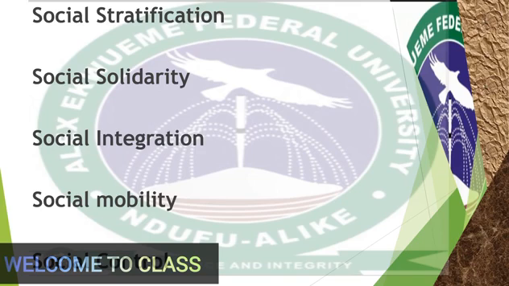When you get to the rural areas, you would see that there is a greater level of social solidarity. People tend to work closely together the more, people tend to agree the more. When you get to the urban areas, there is a limited level of social solidarity.